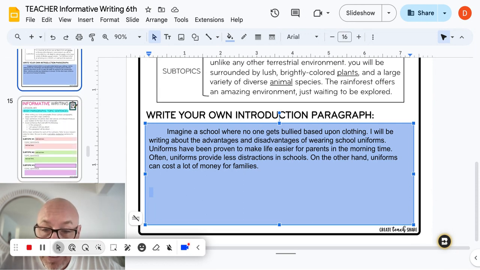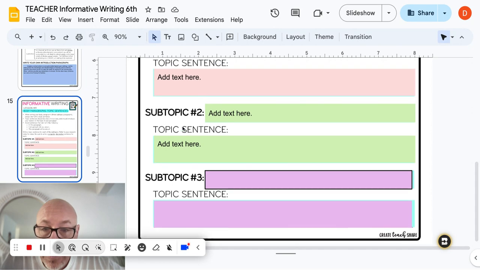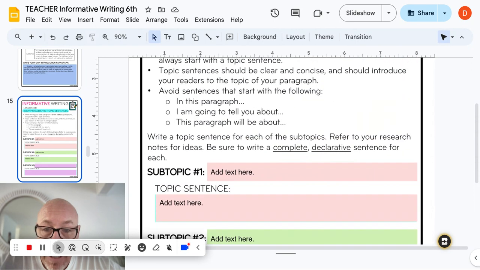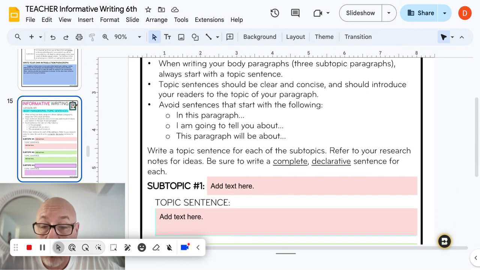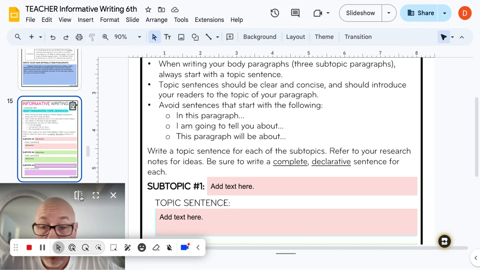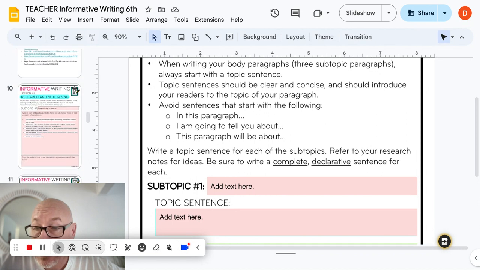Now, when we come to here, these are going to be talking about topic sentences, which is leads for your subtopics, okay? Which is going to be a sentence related to your subtopic. So our first subtopic was this. Boom.